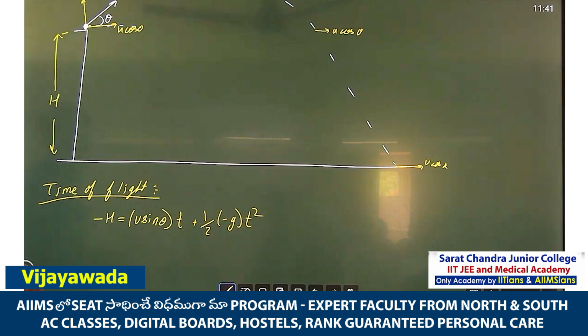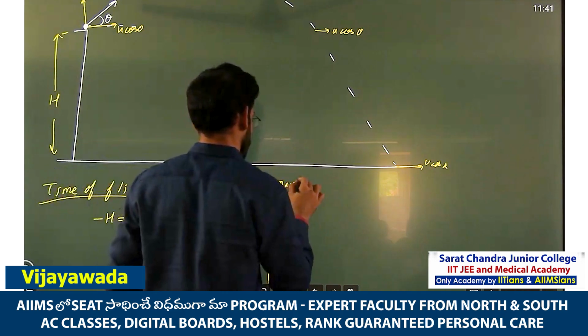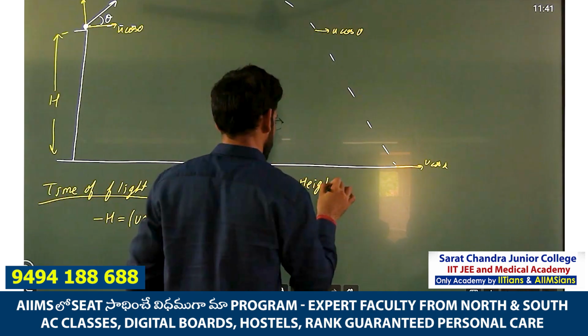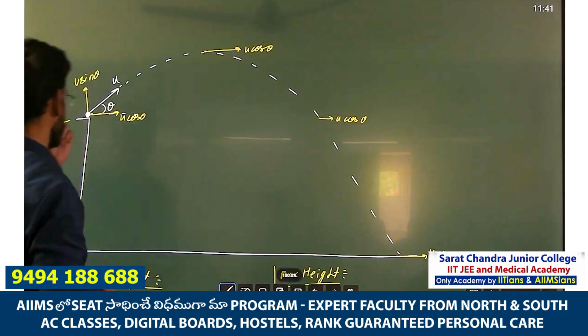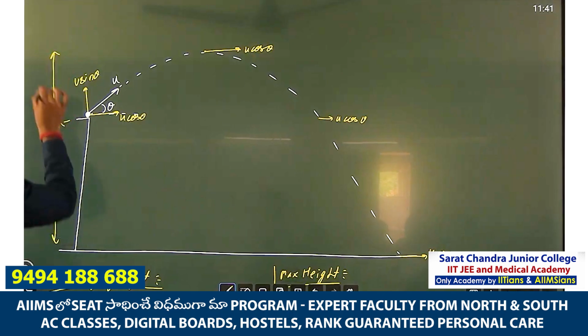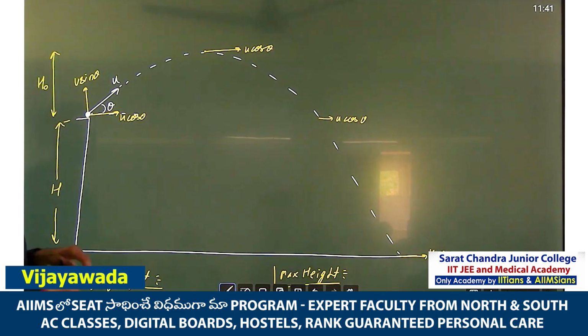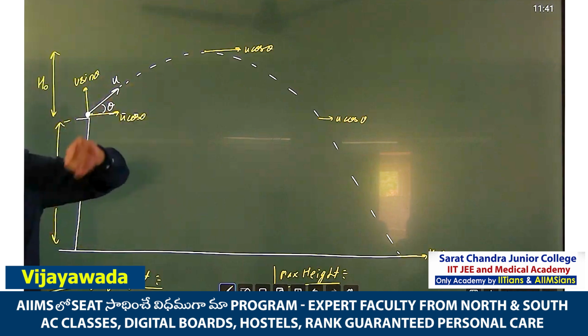Second part, maximum height. For this, you can understand like this: h is given already. How much is this height? H naught, if we call it. How much is H naught? From here to here, you apply the equation of motion. Initial velocity u sin theta, final 0. Vertical only you will solve.